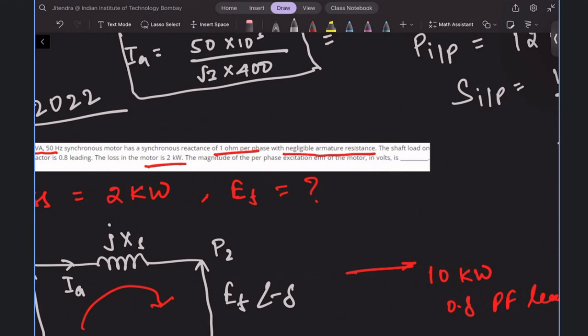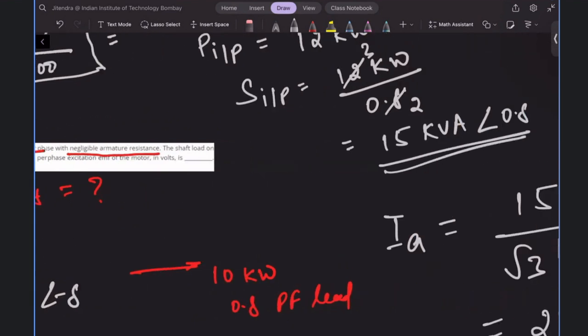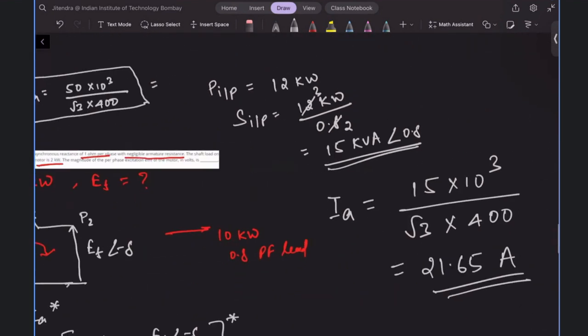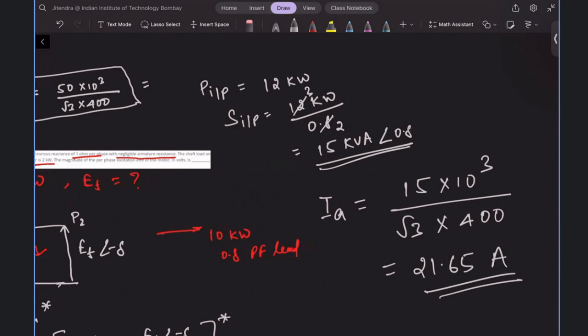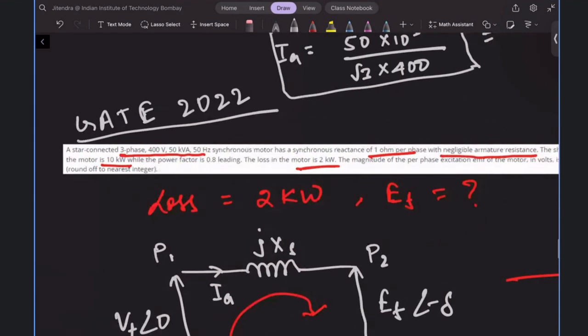So you have to go through the input power, right? So we went to input power and finally we calculated the armature current that is equal to apparent power divided by voltage. Okay. So this is the apparent line power, current IA. This is line current as well as phase current. Both will be equal in a star connected, right? Okay, star connected now.